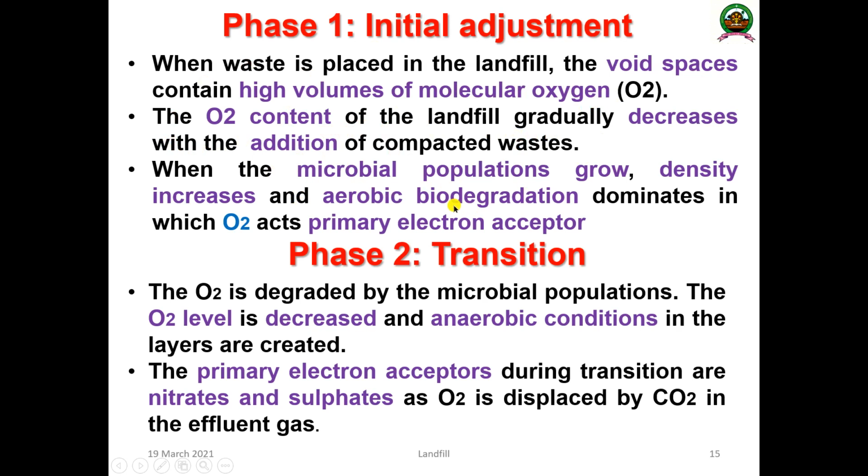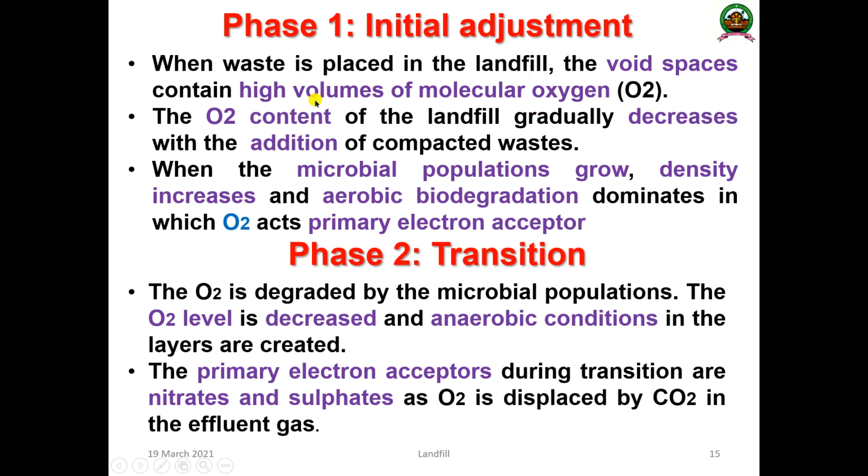So when you keep on adding waste, the oxygen content will decrease, then the microbial population will start growing, the density of the cells will increase, and as oxygen is present, aerobic biodegradation will happen, where oxygen acts as the primary electron acceptor. So that is the first phase.